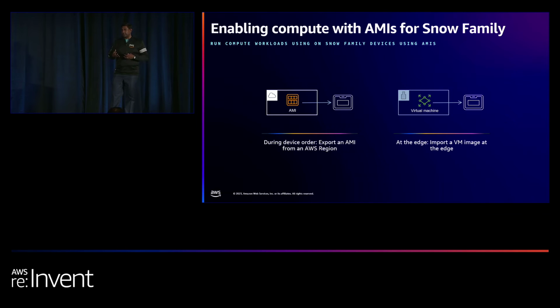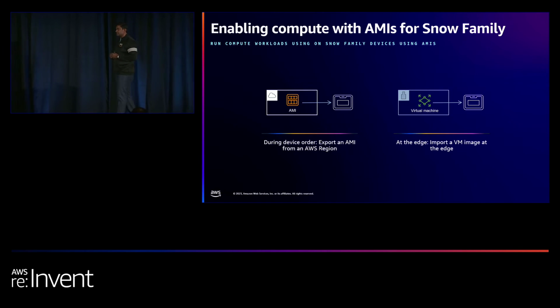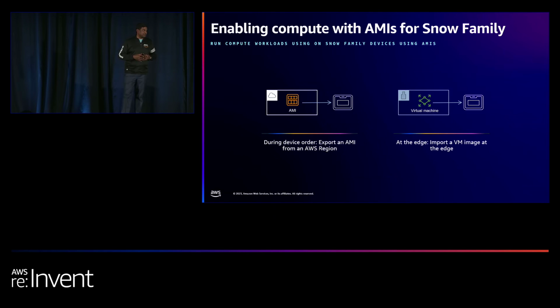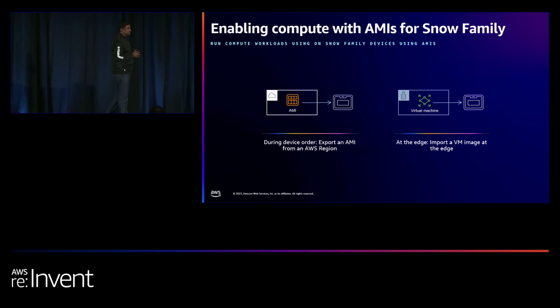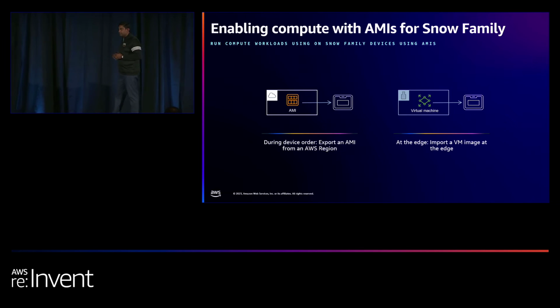And we provide you the equivalent EC2 instances between the Snow device and EC2 in region. For example, the instances supported on Snowball Edge are equivalent to the M5 instances in region. So once you've developed your application as an AMI in EC2 and it's validated, when you order a Snow device, you can request for those AMIs to be installed on the Snow device, and we would install them and ship it to you.